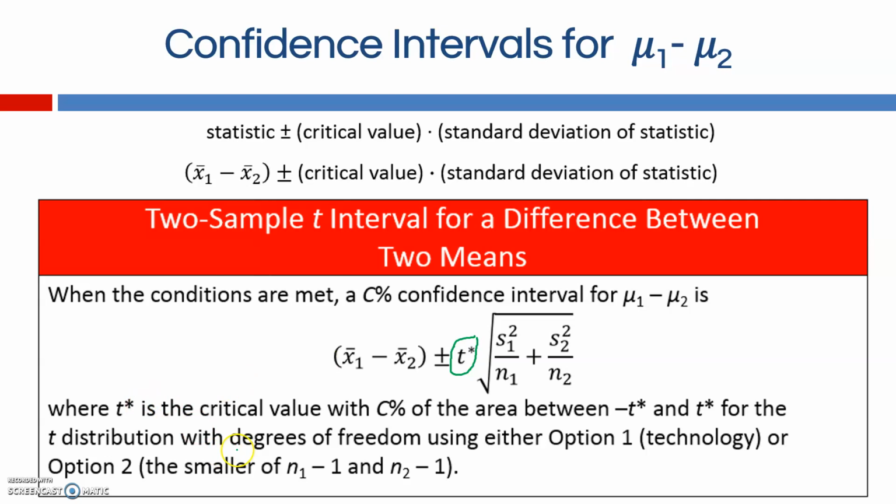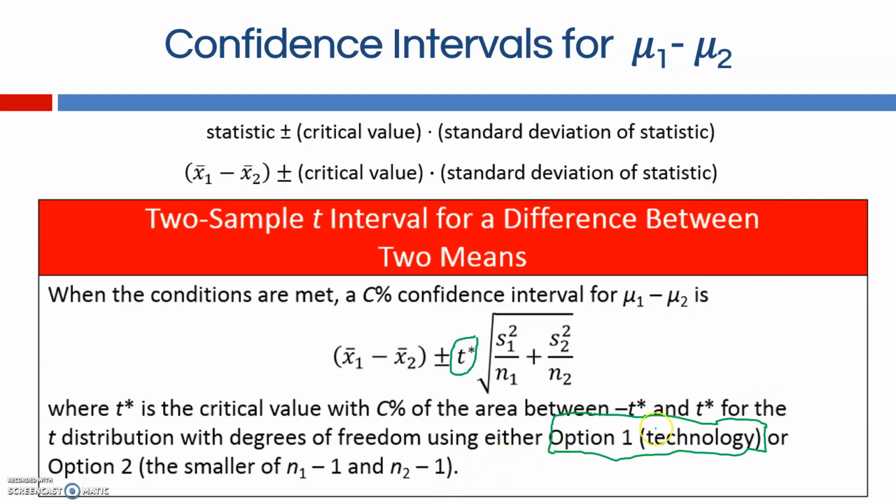All right, now right down here you're going to notice it talks about the degrees of freedom again, because remember, with t-star critical values, we need to know the degrees of freedom. And there is a pretty complicated formula for degrees of freedom that I am not going to encourage that we use, and I am going to highly encourage that we use technology to find the confidence interval, just as we did in the last section on the intervals for the difference between two proportions.